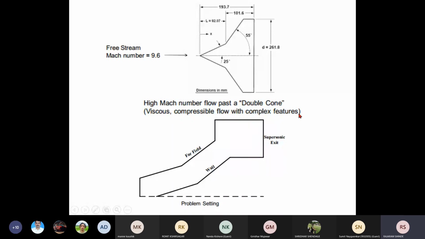First you have to extract this geometry of the double cone. First you have to extract the fluid domain. Now how can we consider the fluid domain? You see here, your fluid is coming from this side. Fluid is coming like this. Am I right?